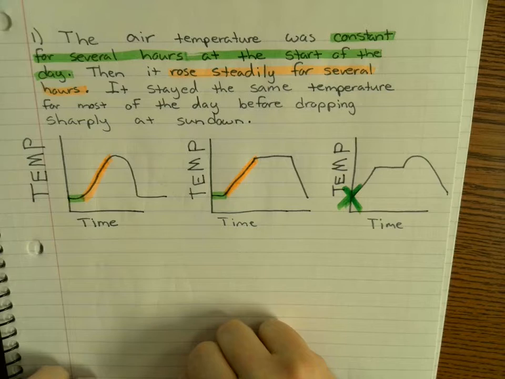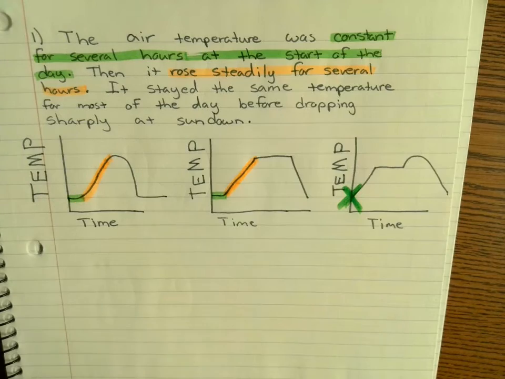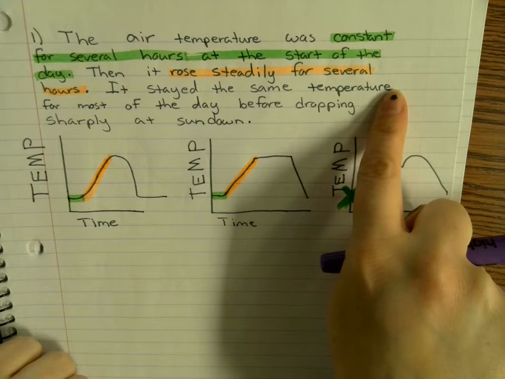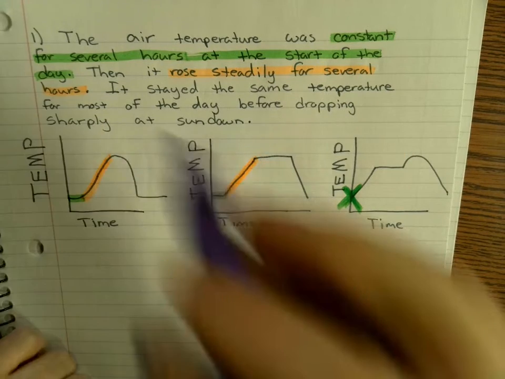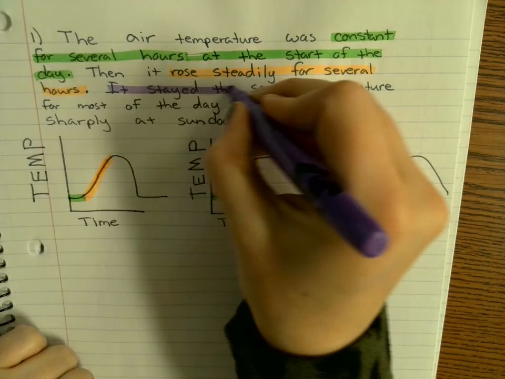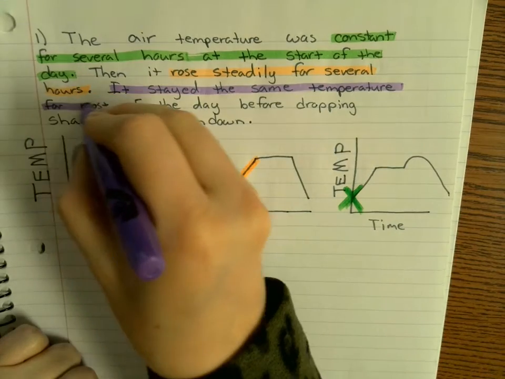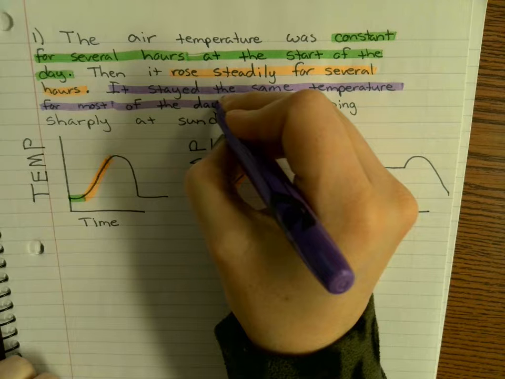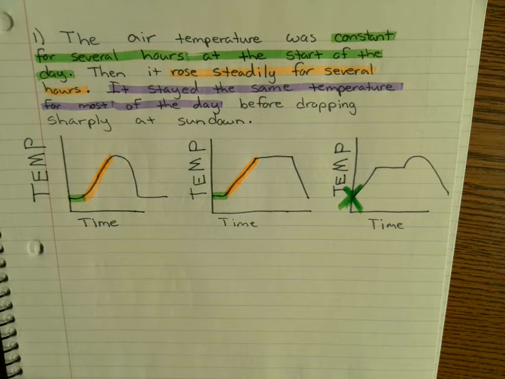Okay, let's go to the next portion of the story. It stayed the same temperature for most of the day. It stayed the same temperature. What is that going to look like if it's staying the same temperature? Kelly? It's going to be a flat straight line.